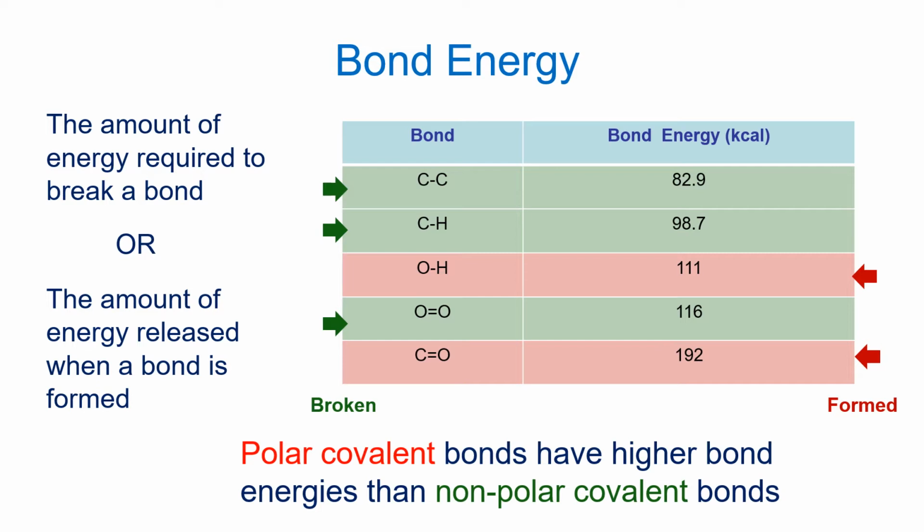Your food items contain mainly non-polar covalent bonds. So as I said, it doesn't take much energy to break those. And ultimately, you're going to produce water and carbon dioxide, which have high bond energies. And you get more energy back when those new bonds form.